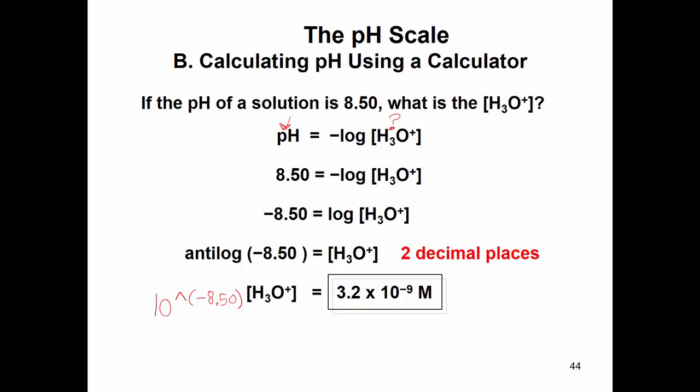Okay, so you put second function log, that's the anti-log, of the pH, and then of course you have to put negative, so that's often forgotten, because remember this is negative here, so your negative has to carry through here. All right, so we have 2 decimal places, so report two numbers there.